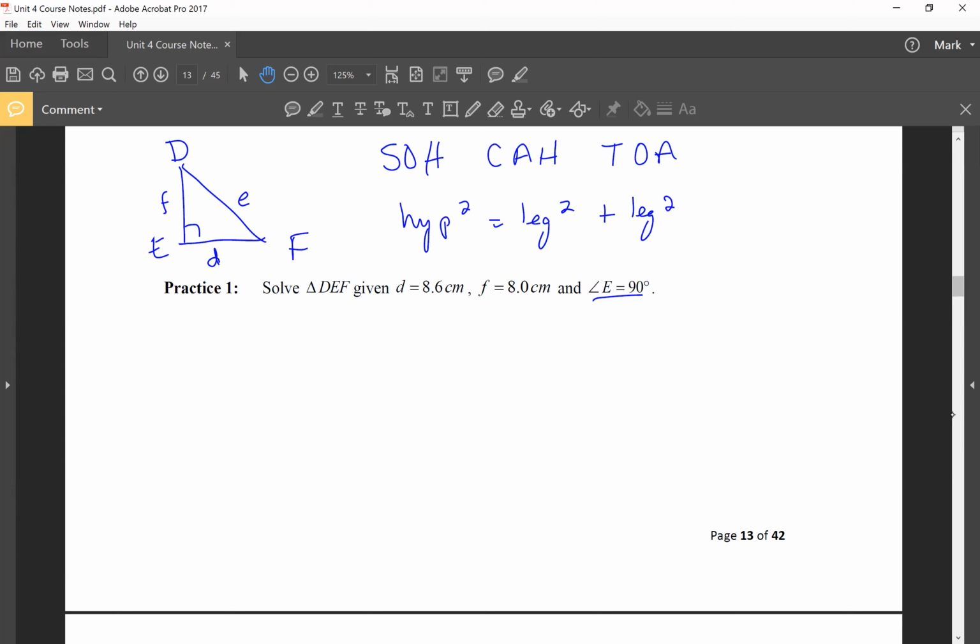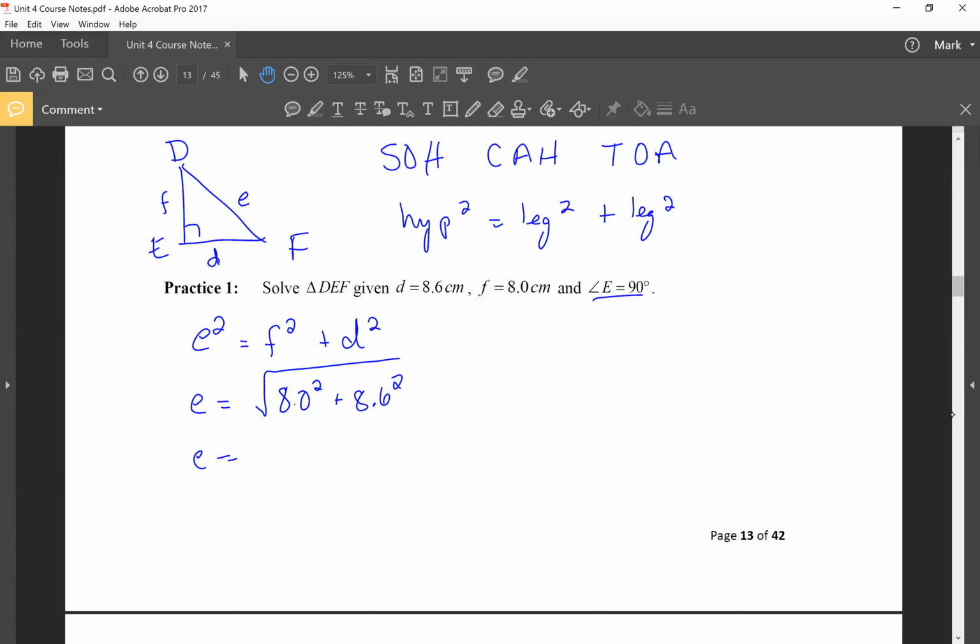So my hypotenuse is E. So E squared is going to equal F squared plus D squared. So E is going to be the square root of 8 squared plus 8.6 squared. And that's it. We're going to write our answers to 1 decimal place.